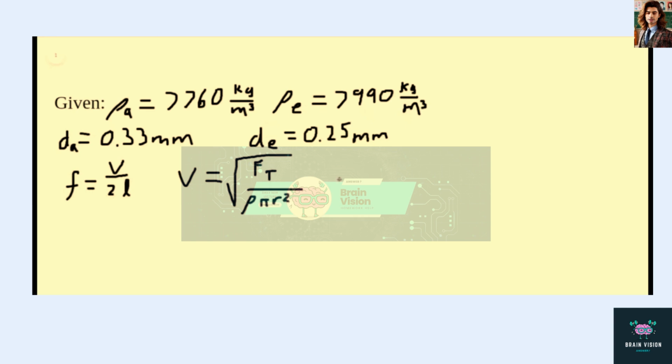So therefore now we can rewrite F is equal to 1 over 2L times the square root of F_T divided by rho times pi r squared.